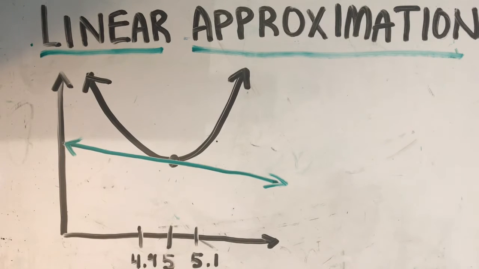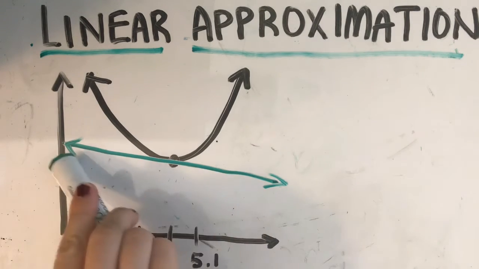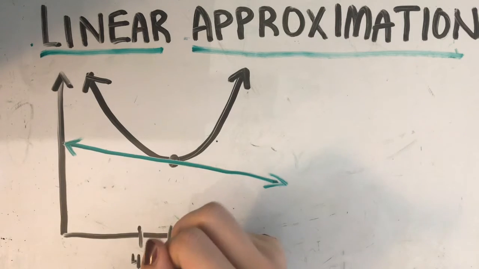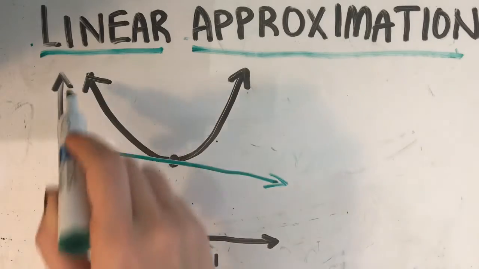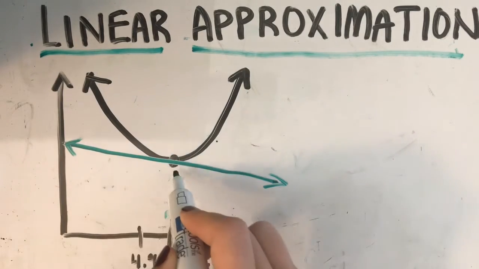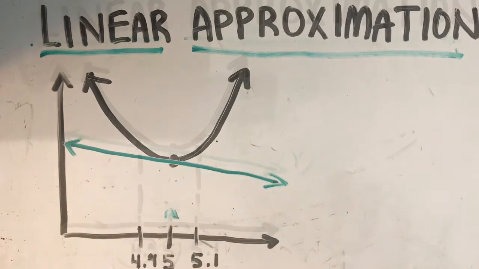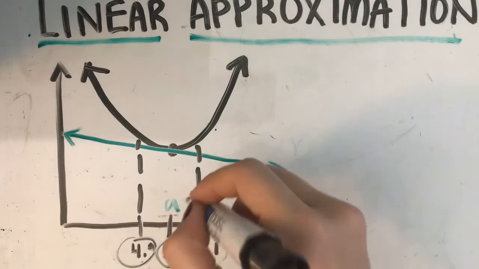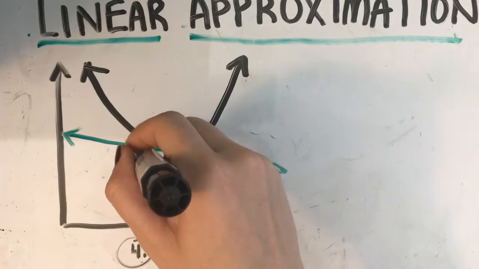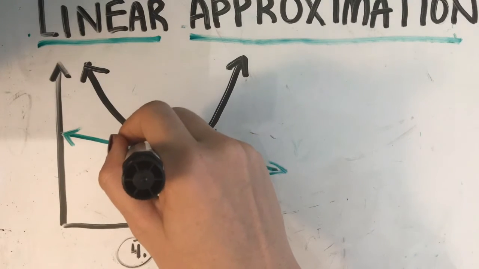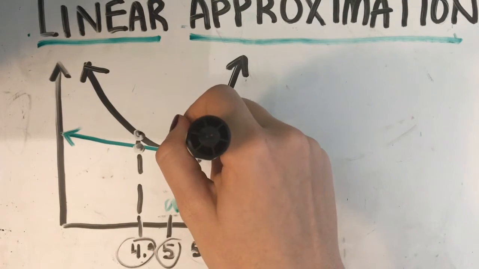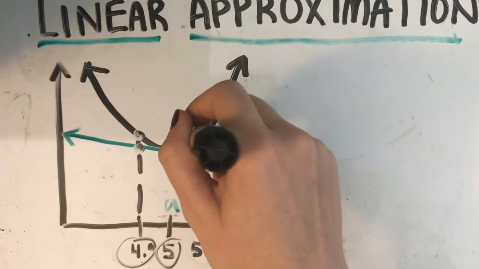The concept of linear approximation is using the tangent line to a point A on a function to approximate y values for the function near to A. As you can see in this graph, if you find y values for x close to where you approximated, the y values are fairly similar to those on the curve.